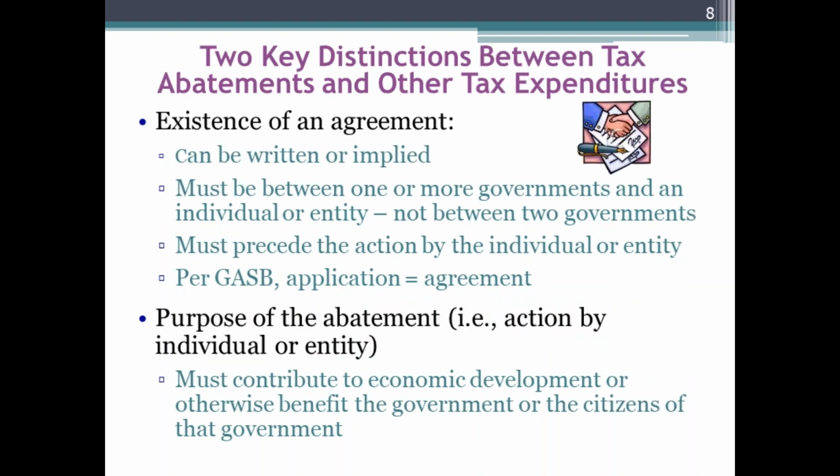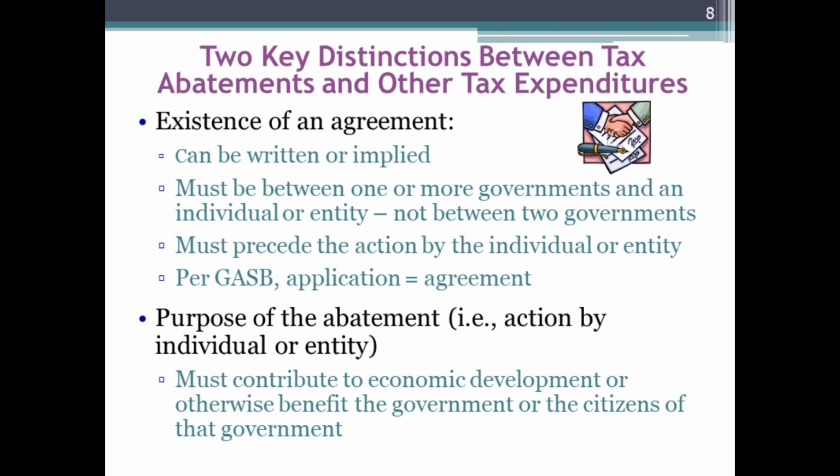So to break it down a little bit, there's some distinction between tax abatements and other types of tax expenditures. Other types of tax expenditures are things like tax exemptions, where you might be able to exempt certain income from taxation, like municipal bond interest, how that's excluded from taxation, as well as tax credits or deductions, things like when you deduct charitable giving on your individual tax.